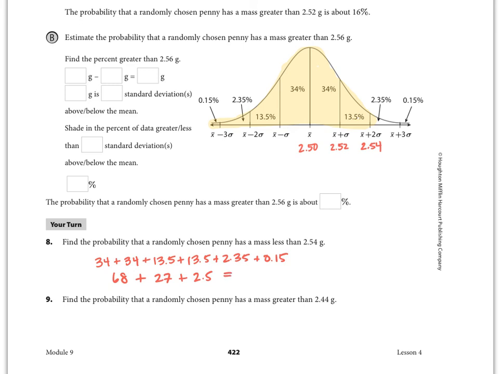So that's going to give me 80, 95, 97.5%. Okay, so I have a probability of 97.5% that I would choose a penny that weighs less than 2.54 grams. Because that's on the higher end, and our mean is already 2.5. So I'm going to get a lot of 2.5s, 2.49s, 2.51s because that's our center, right? We have the most of those.